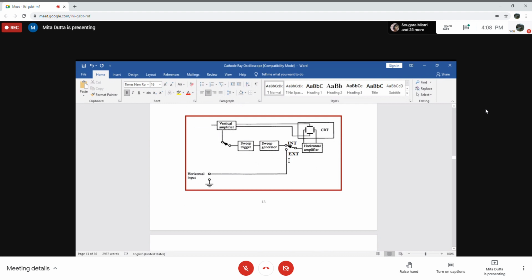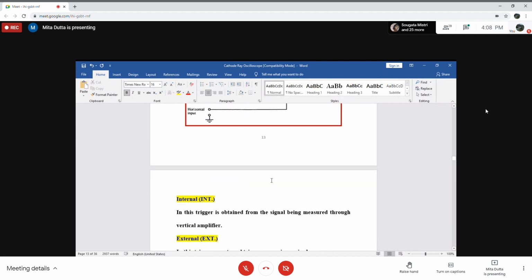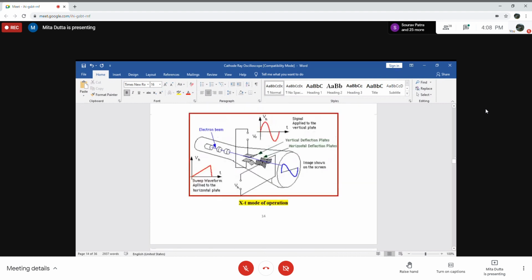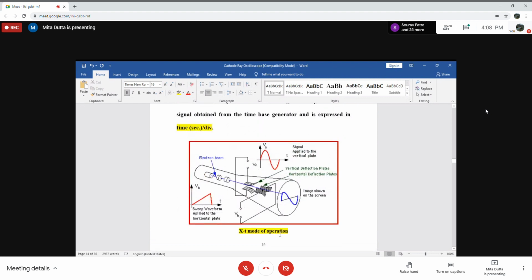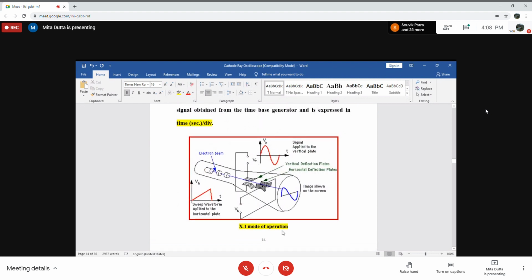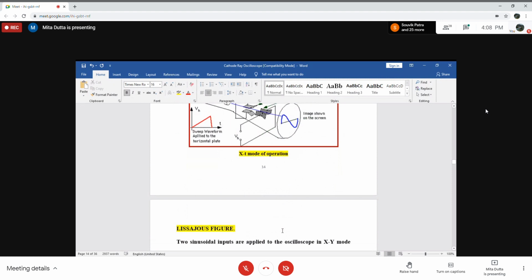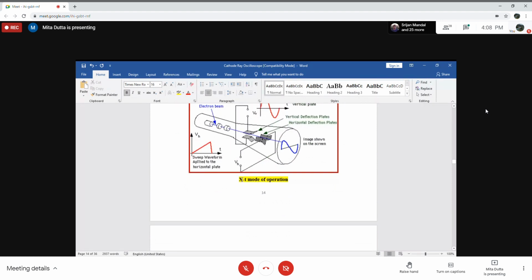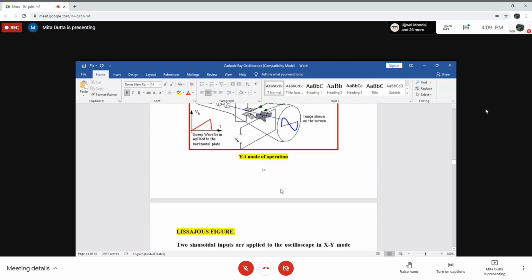So in the internal position, the oscilloscope will act in YT mode, because amplitude versus time, amplitude is reflected on the Y plate and the time will be on the X plate. So YT mode of operation.